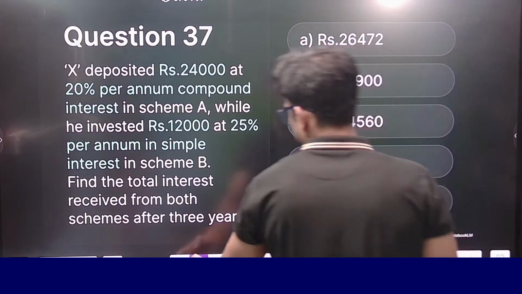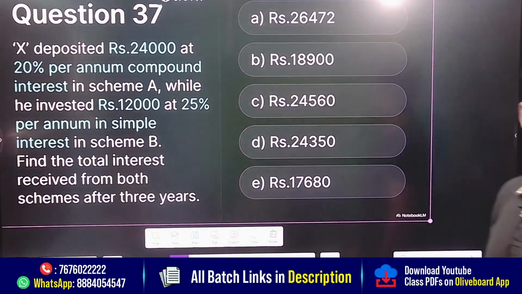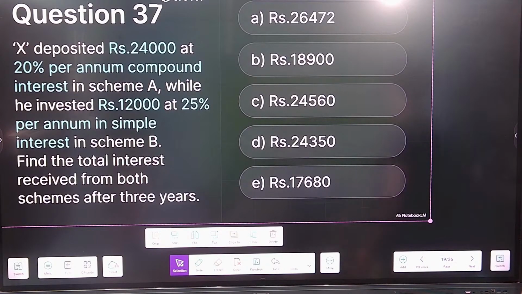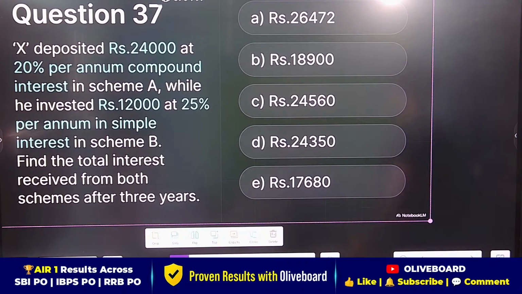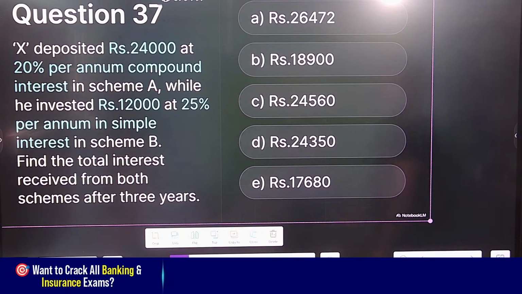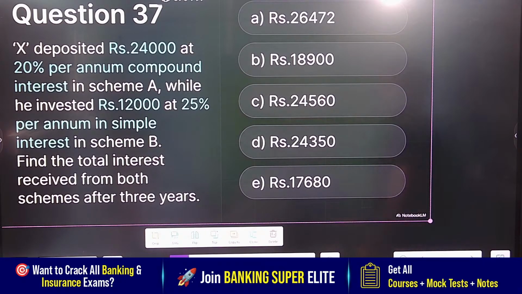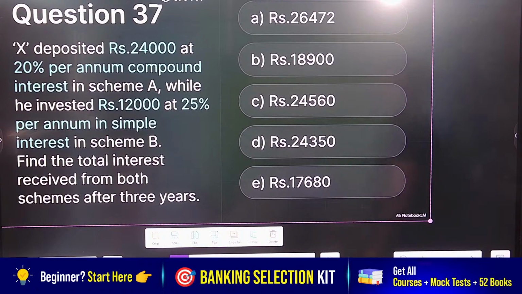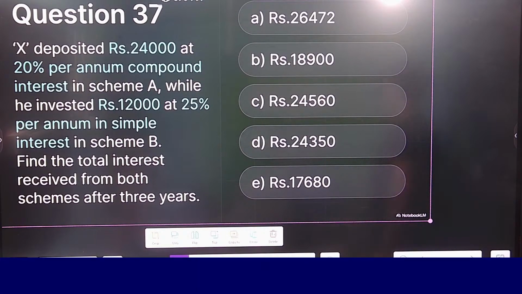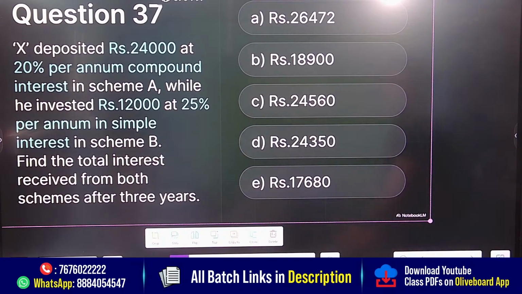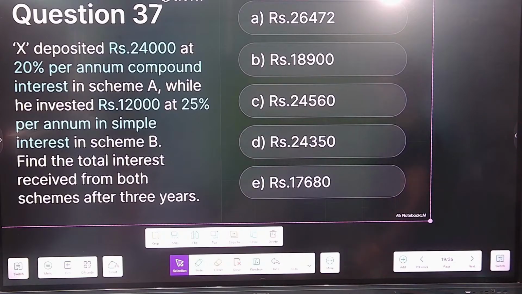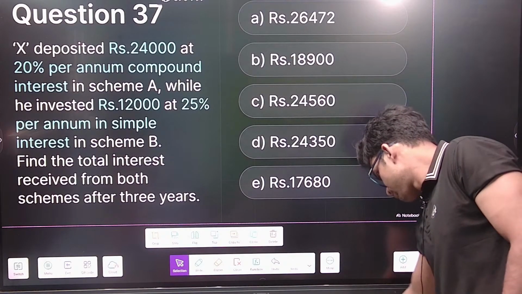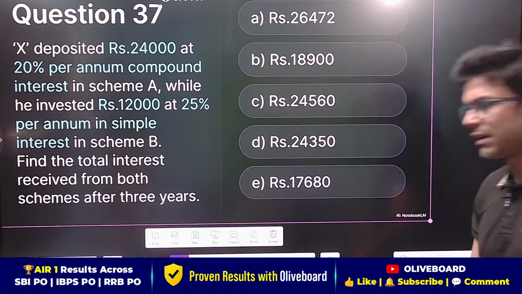Come on. And this is the last question. Please solve. This is homework.